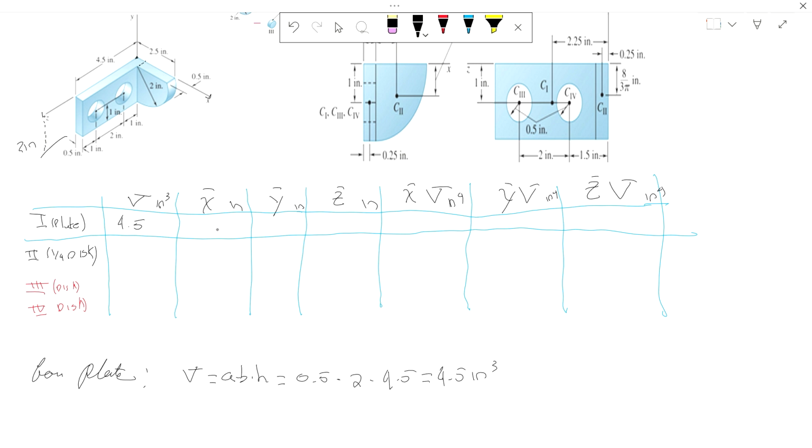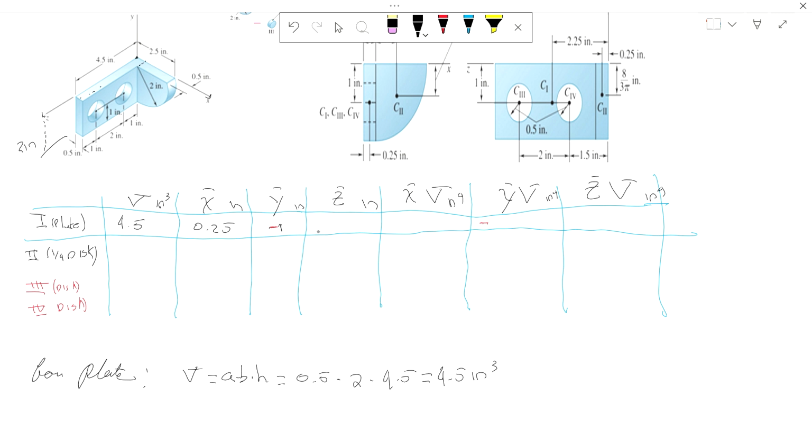And then x. In x, the half point would be at 0.5 divided by 2, 0.25. And y is 2, but we're going in the negative axis, so -1. We have to be careful here because this value is going to have a negative. So don't forget about our negative coordinate.